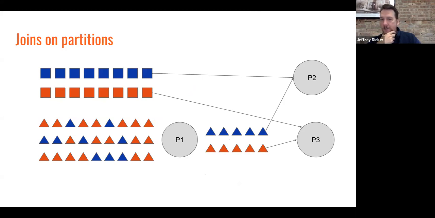And if you do this, right, if you take a processor and I take the 3 partitions of the triangle stream, and I repartition them so that they're sorted, then I can make sure of a join by just reading all the blues in P2 and all the reds in P3.